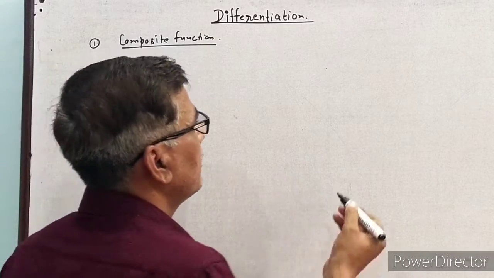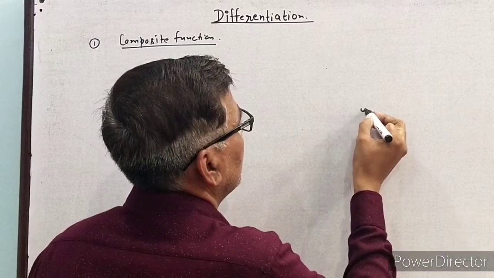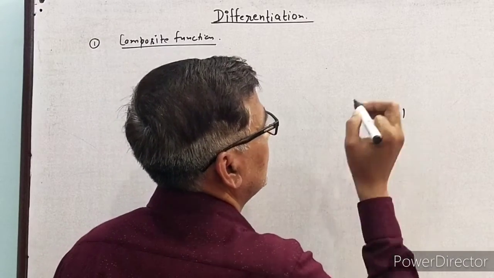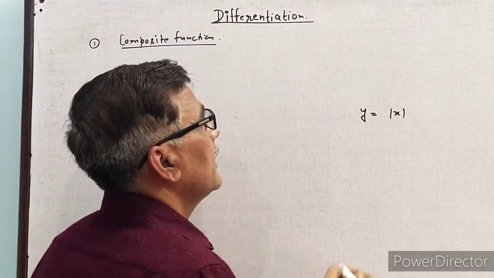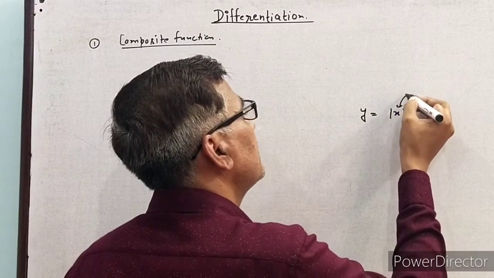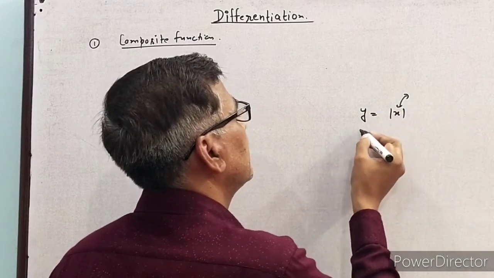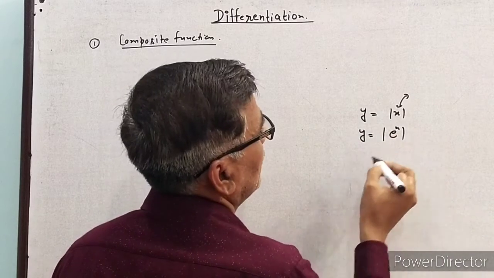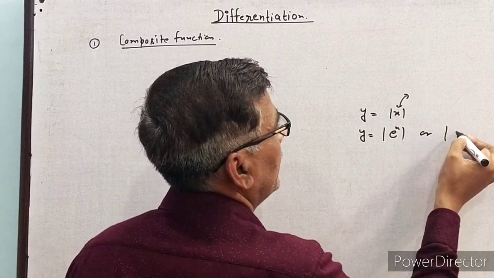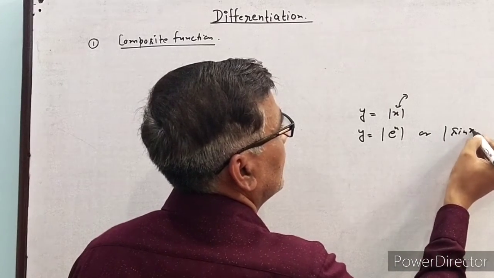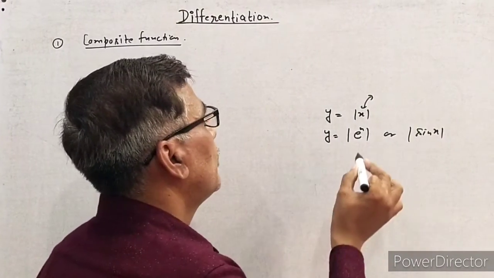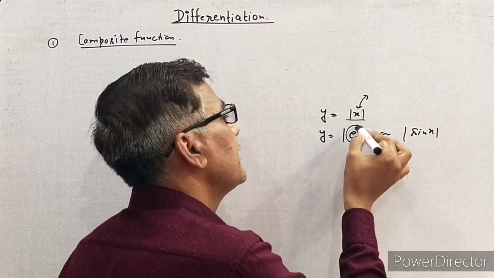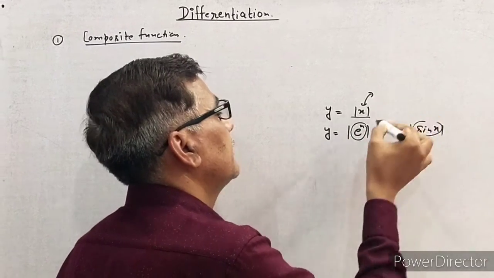Very simply, we have learned many functions. Suppose this is the modulus function. If the x is replaced by any other function in this function, suppose e raised to x, or we write here sin x, the variable is replaced by another function.